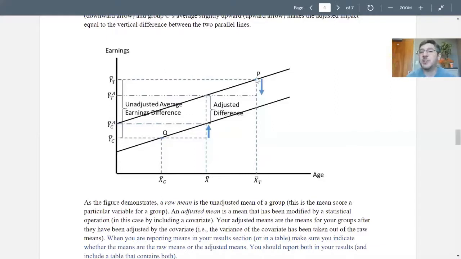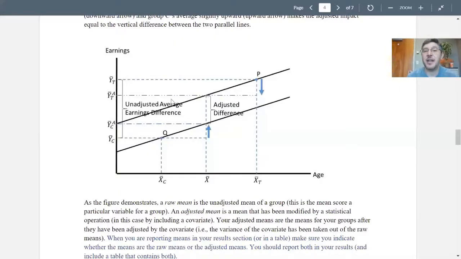It's going to pull down the regression line the group mean for our treatment group. So point P is going to fall down the regression line here. It's going to adjust it back towards the grand mean.